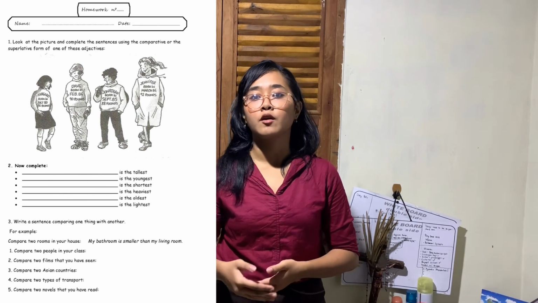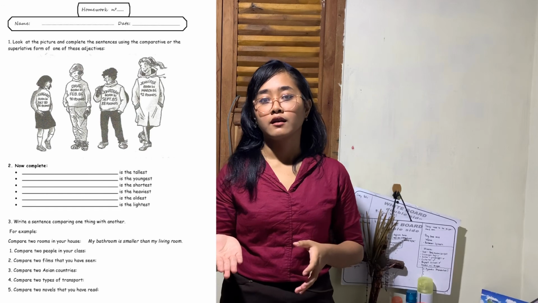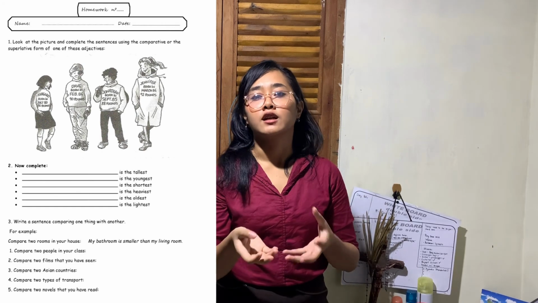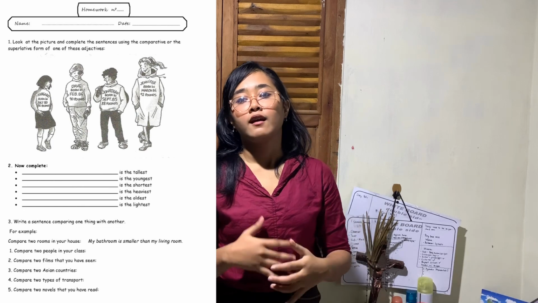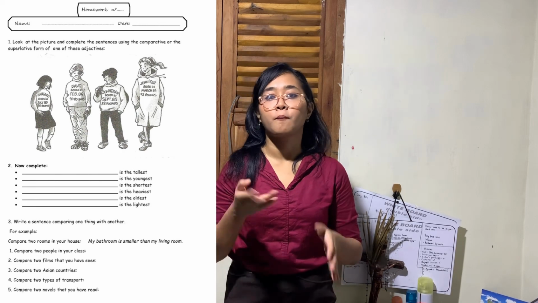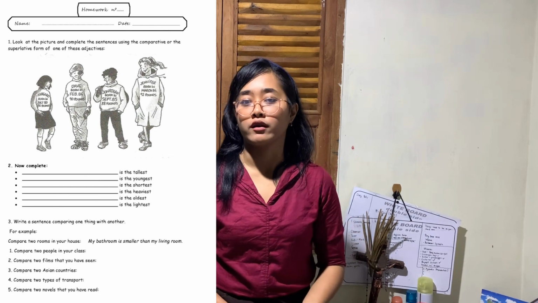The first part is you have to answer based on the picture, like consider which is the tallest, the youngest, and so on, based on the picture. And then the second part, be as creative as you can to compare two things based on the numbers in the homework that I gave. And don't forget to submit it next week, and then we will discuss it in the next meeting. Okay, is it clear, everyone?